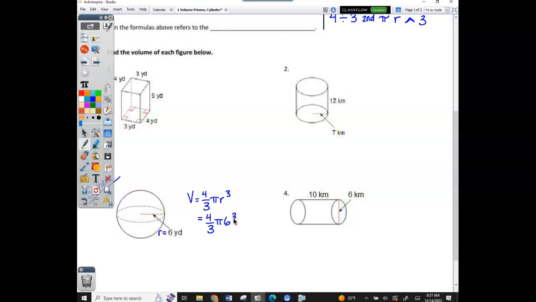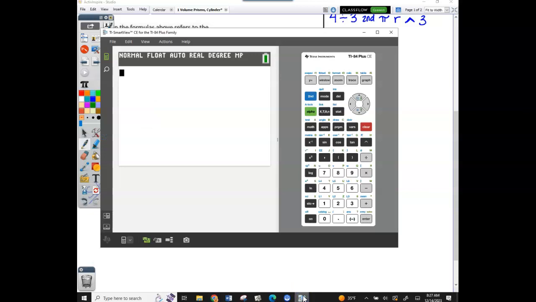You ready? 4 divide 3. To get the pi button, first of all, find it. You will notice it is also the caret button, but it's in blue. So you have to hit second pi. What was the radius? 6. 6, caret button to say raised to the 3rd power.